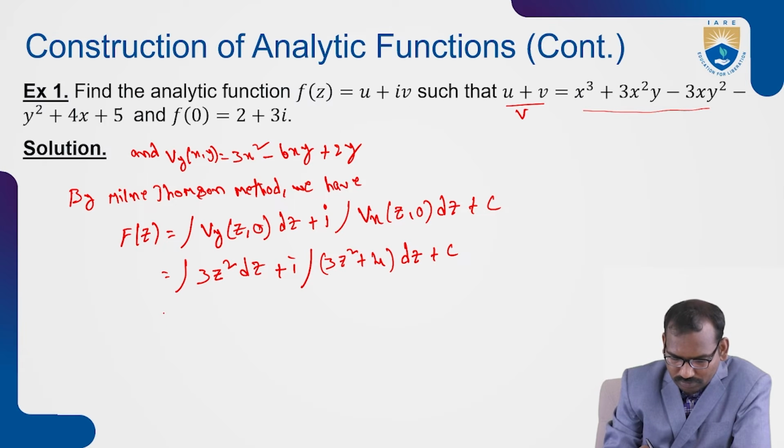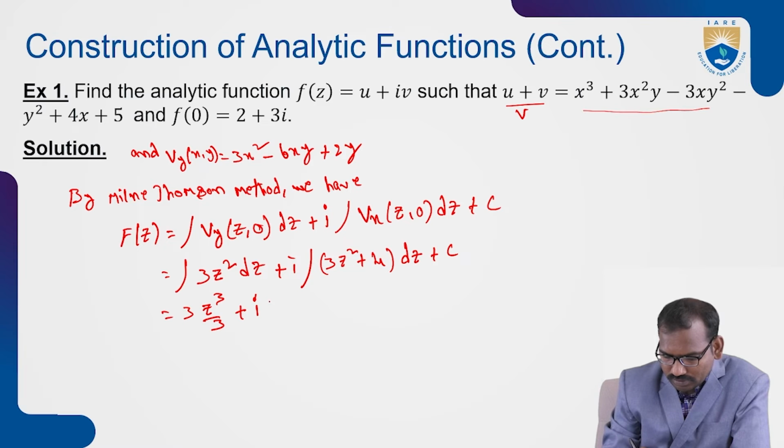Now you can see here we have 3z cube by 3, plus i times 3z cube by 3 plus 4 times z, plus c.